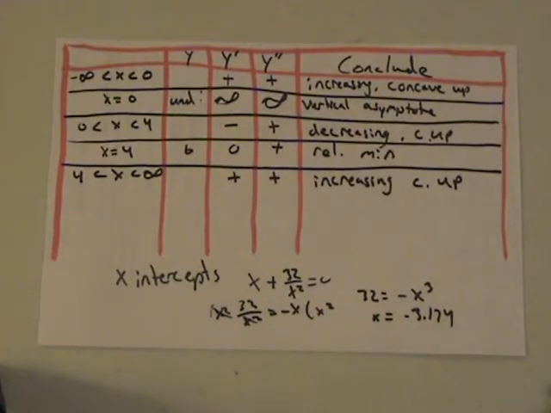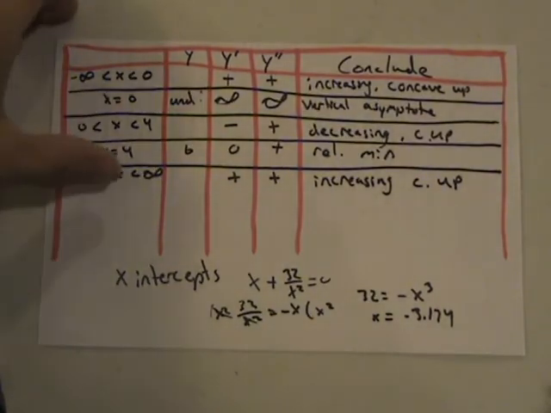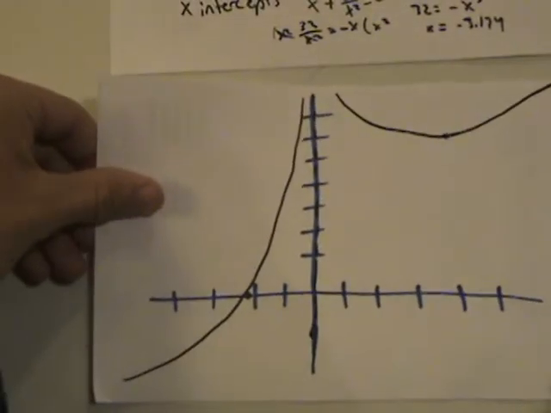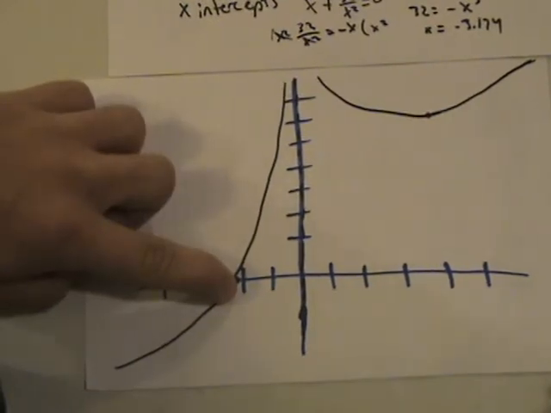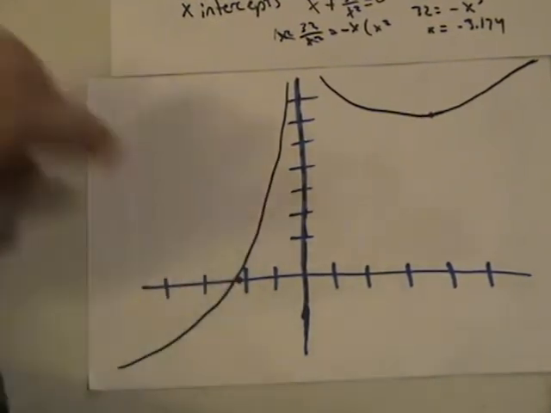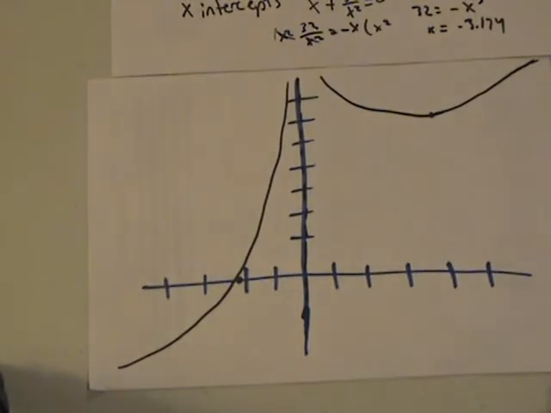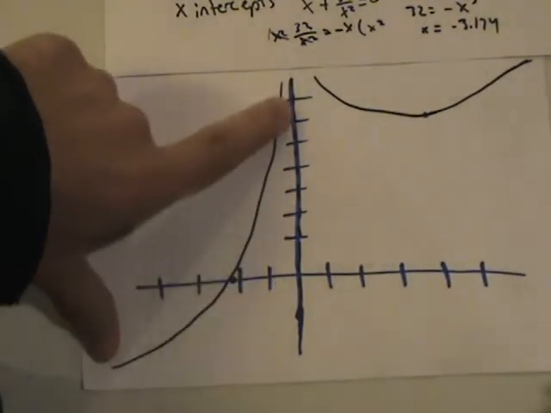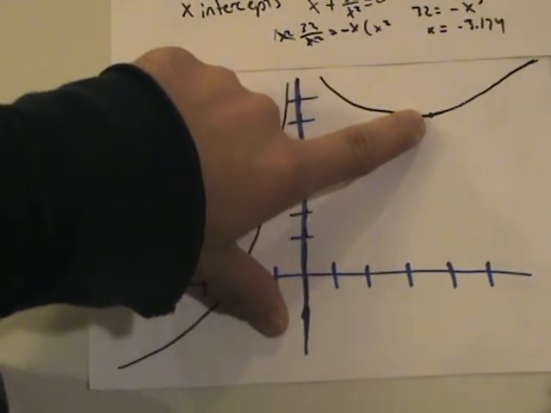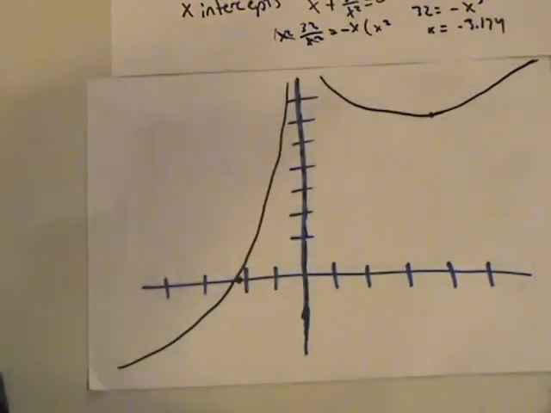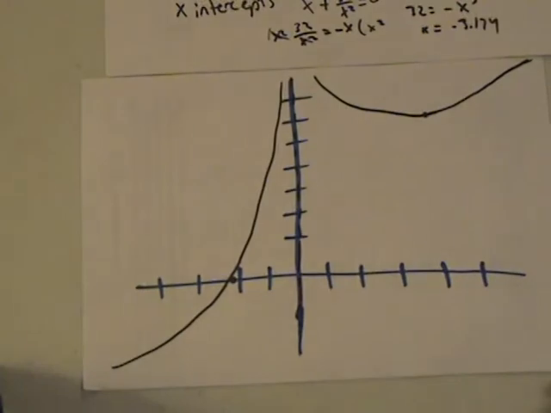So when we take all these things into consideration, I like to dot the points that I'm going to be using. I would have first dotted the x-intercept, then my vertical asymptote, and my relative minimum that I found, I would have dotted at 4, 6.